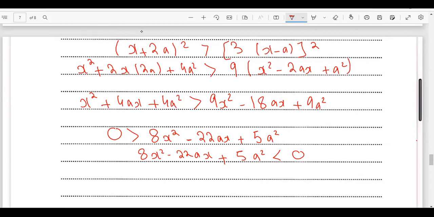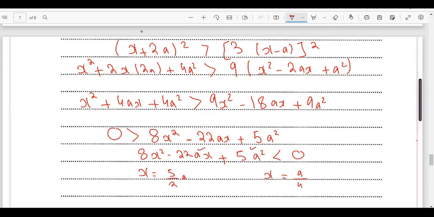Very good, excellent. So you are getting x equals 5 by 2a and then x equals a by 4. Okay, you have a as well.